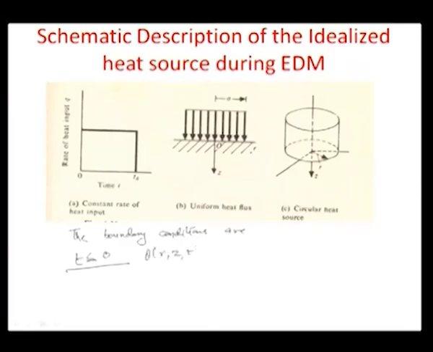So in fact theta, which is a function of the radius, the depth and the time t, is considered to be equal to room temperature. In this case we consider room temperature to be, in our reference frame, 0 temperature.